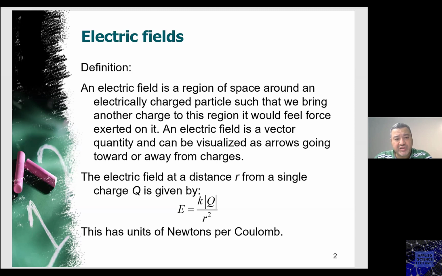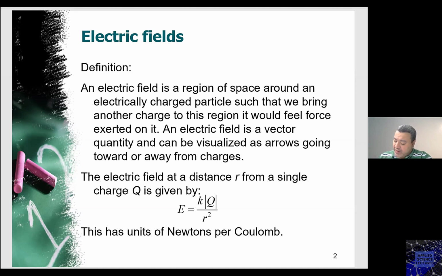If the charge generating the electric field is positive, then those arrows will be going away from that charge. If that charge is negative, then those arrows will be pointing toward that charge.